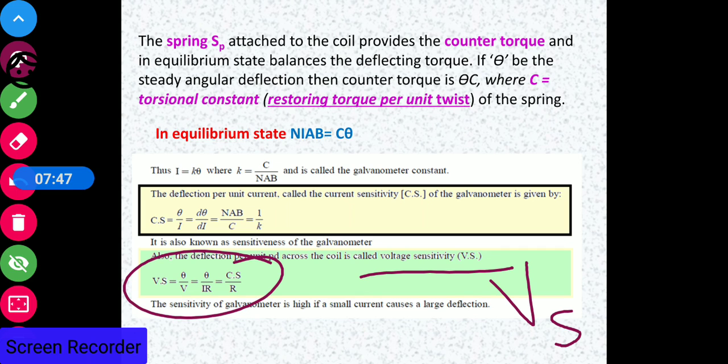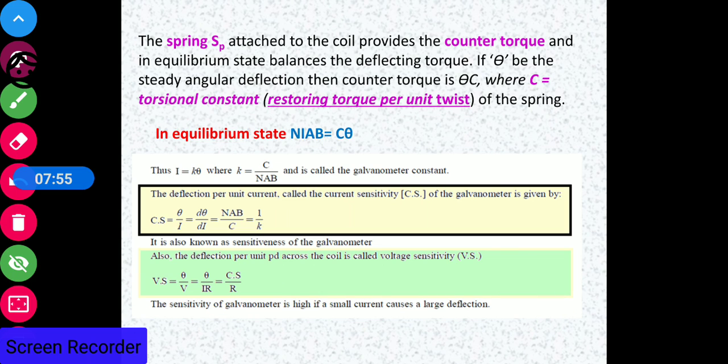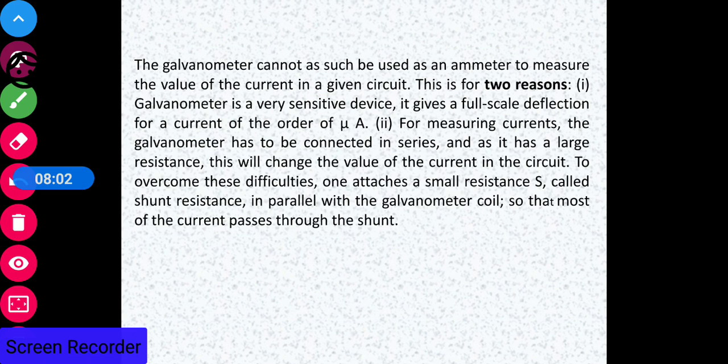Current sensitivity is deflection per unit current, and voltage sensitivity is deflection per unit voltage. So the sensitivity of a galvanometer is high if a small current causes a large deflection.